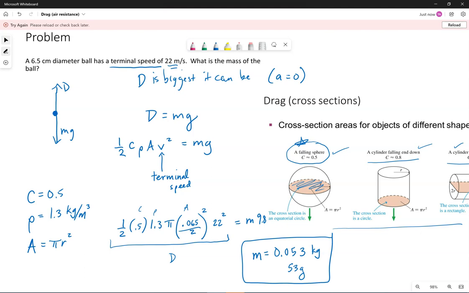It is possible that the problem gives you enough information that you're calculating the drag coefficient. But each problem, we really approach it the same way. Drag is just another force. We can add it to our free body diagram and set up F equals ma and work from there.